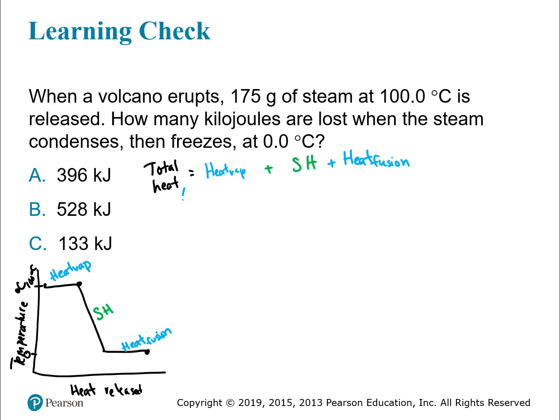Heat of vaporization, we just need the mass, which is 175 grams, and multiply by the heat of vaporization for water, which is 2,260 joules per gram.